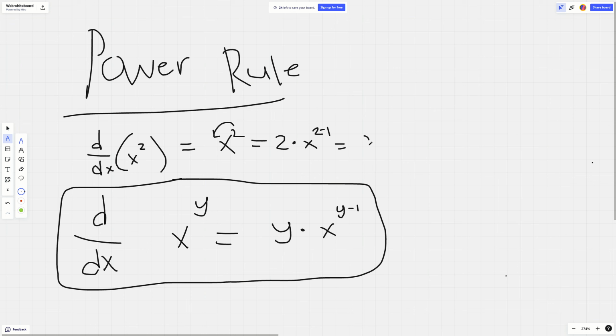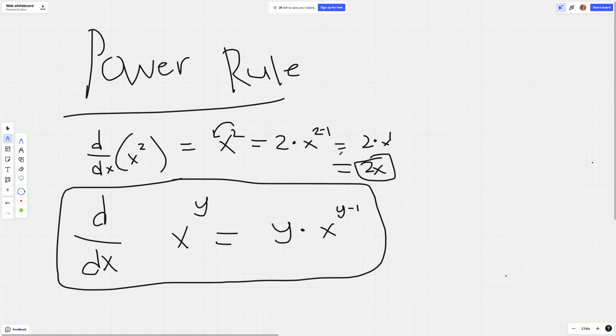This simplifies to 2 times x to the power of 1, which is equal to 2x. Wow, that's the exact same answer we got when we used our previous formula, but there are a lot fewer steps and it's a lot less tedious.